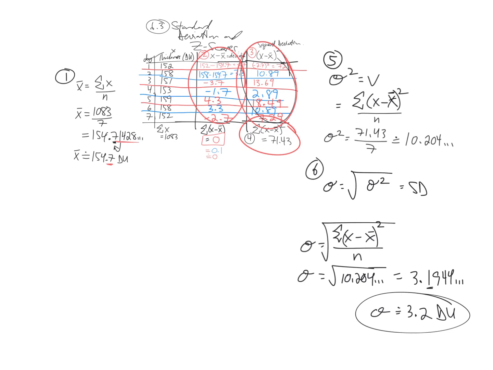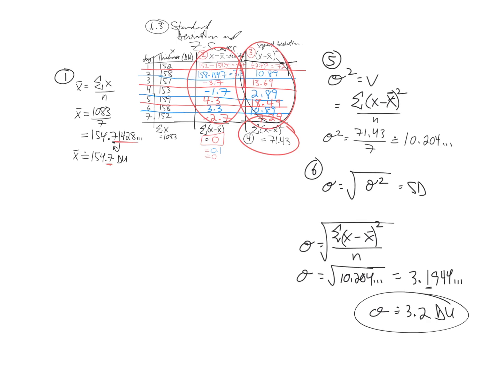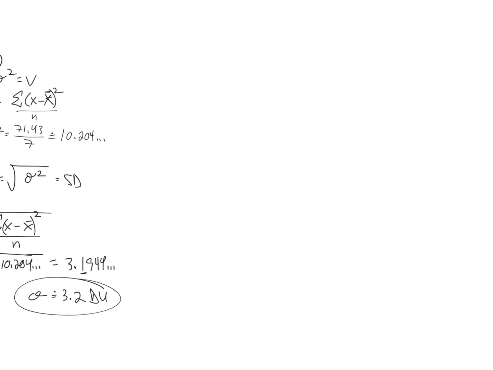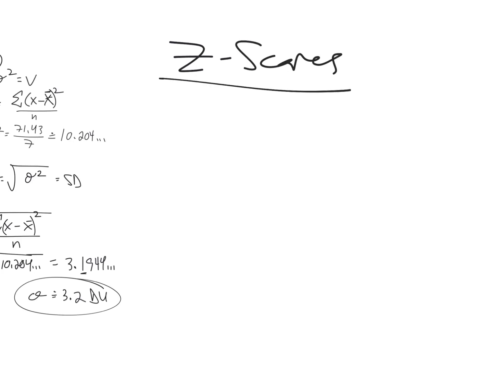Next, let's talk about z-scores. So to talk about z-scores, first of all, what's the formula? Okay, so z-score is a calculation which is the deviation. So whichever data piece you're considering, you take that piece of data, you minus it from the mean, and you calculate the deviation, and you divide it by the standard deviation.